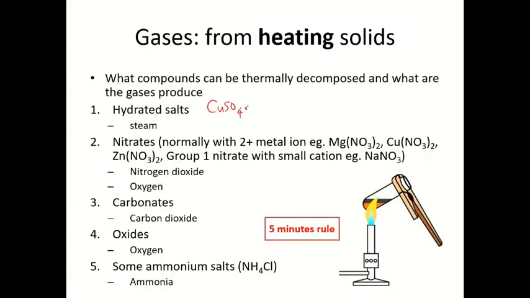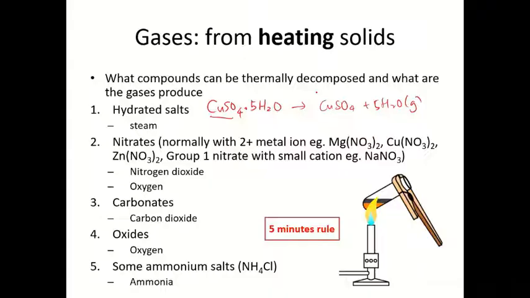Inside the copper sulfate solid, there are water molecules that are trapped between the crystals, and they make the solid become hydrated. Now, if you heat this hydrated solid, you are releasing the water from the solid. So they are driven away as steam.